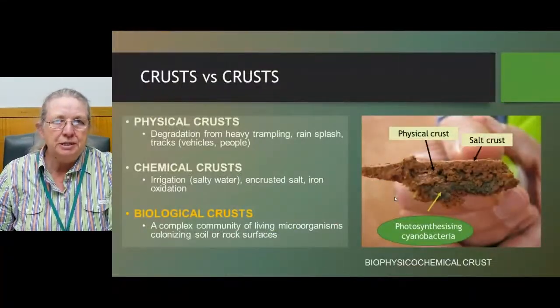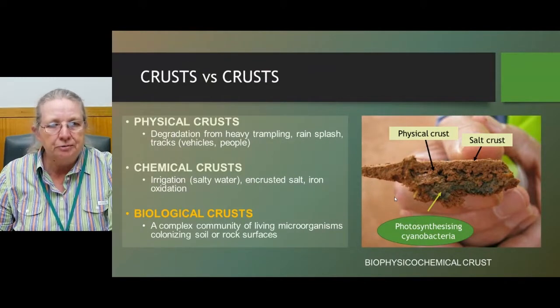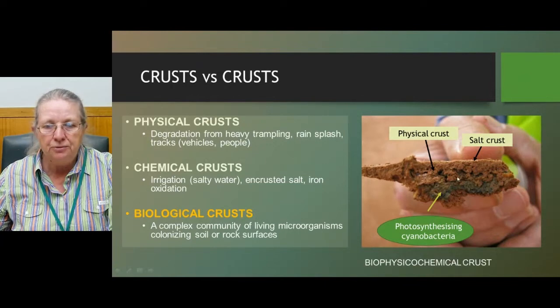First of all, I want to start off by talking about crusts versus crusts, because they're different crusts and people understand them differently. You talk about a crust or a biocrust or a physical crust or a chemical crust. In this photo, taken from a salt lake in South Australia, you can see the difference between three types of crust.